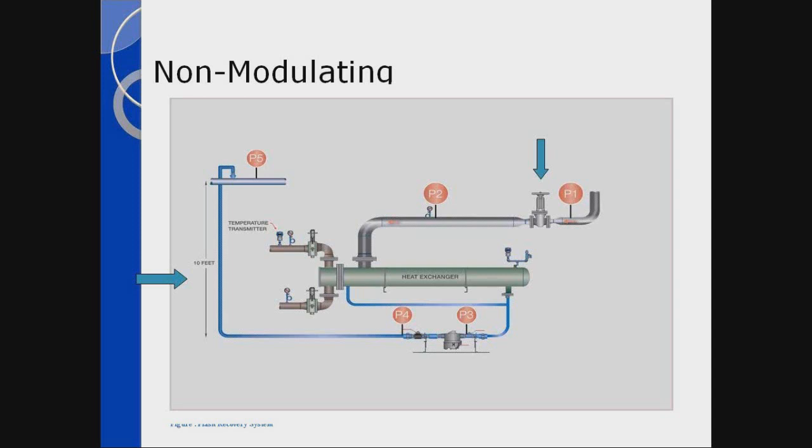And with these devices we can elevate the condensate up in the air. On the left-hand side, you see we elevate 10 feet. Just a rule of thumb, every foot of rise is half a psi, but I have plenty of differential to work with because we're not modulating the steam.